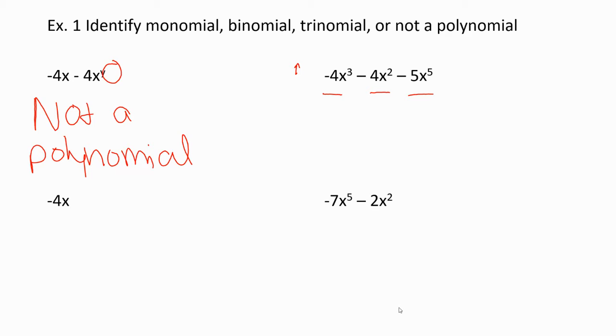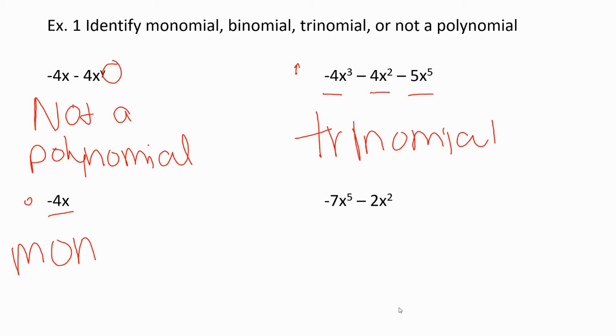Remember, terms are separated by addition or subtraction. Since it has 3 terms, that is a trinomial. And the problem down here only has 1 term, so that would be a monomial. And then the last problem over here has 2 terms separated by addition or subtraction. That would be a binomial.